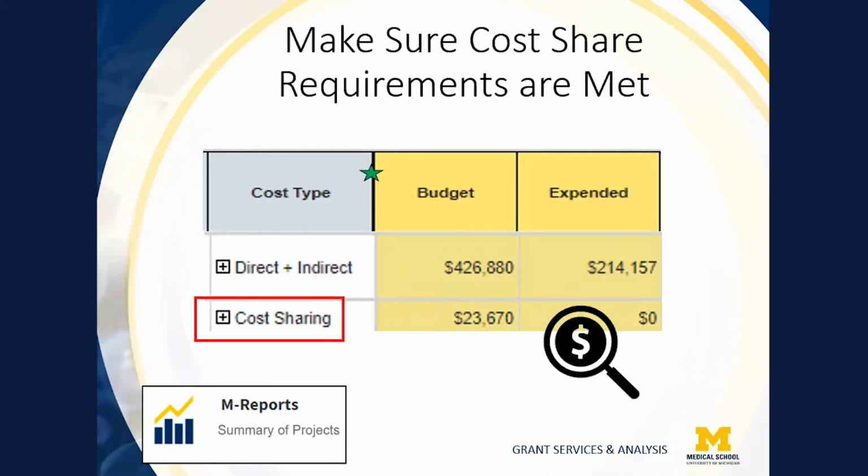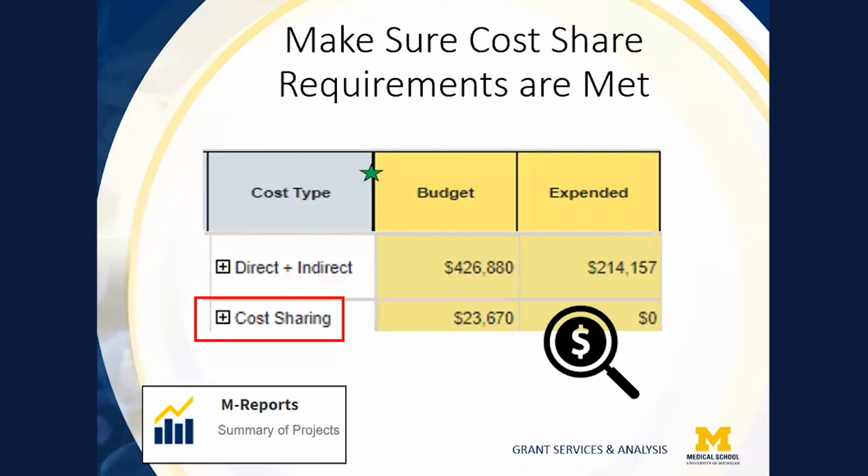You're going to want to take a quick look and evaluate what your cost share budget was and how much you have expended. That's going to help you do a really quick analysis to see if you're meeting your cost share commitment as you're coming towards the end of your project. So do a scan, look for those projects that say cost share, and that will help you identify projects that you need to look at that have cost share requirements.